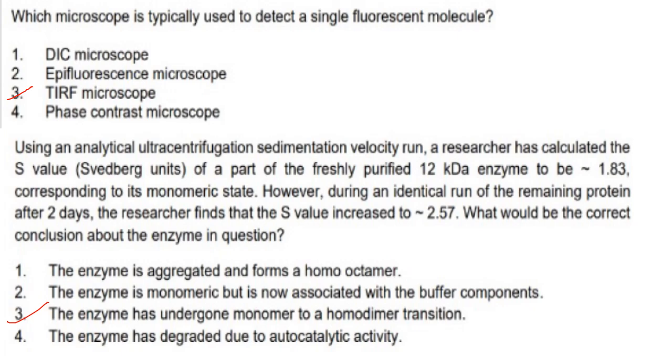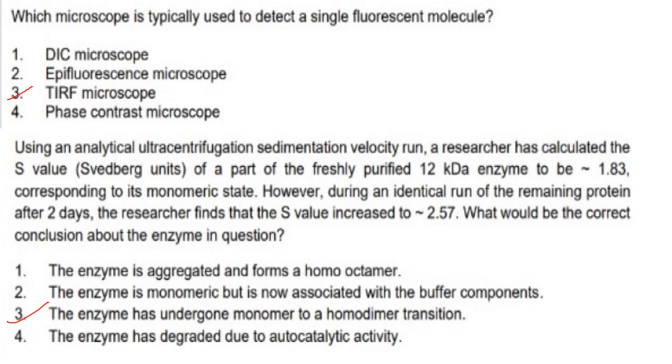What would be the correct conclusion about the enzyme in question? The enzyme is aggregated and forms a homo-octamer. It cannot be, because you got only a small increase. From 1.83 to 2.57 is only a small increase, so it cannot be an octamer.